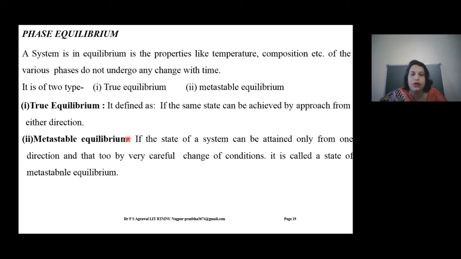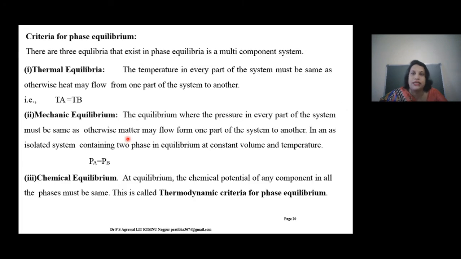Now what are the criteria for phase equilibrium? There can be different criteria. Thermal equilibrium means the temperature of the system in every part must be the same. Otherwise heat may flow, so we have to keep the temperature constant. Now mechanical equilibrium.